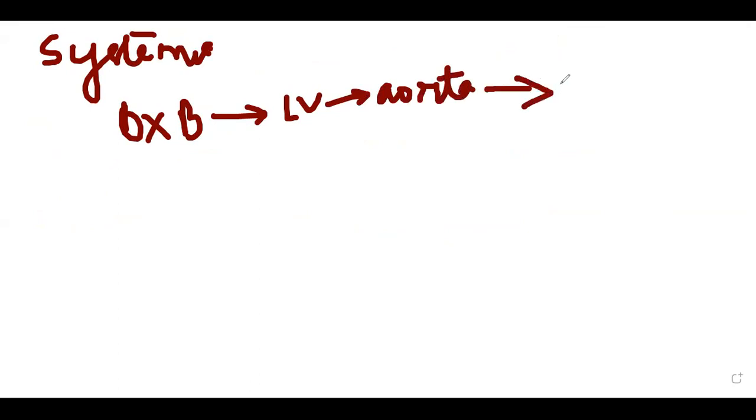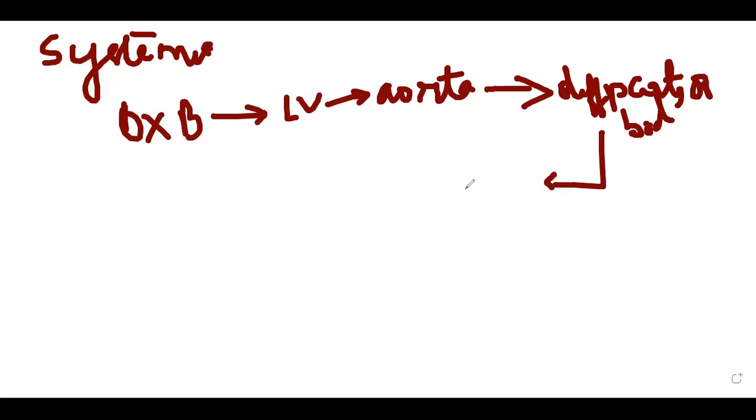From the aorta, it is distributed to different parts of the body. Blood is going to form deoxygenated blood.